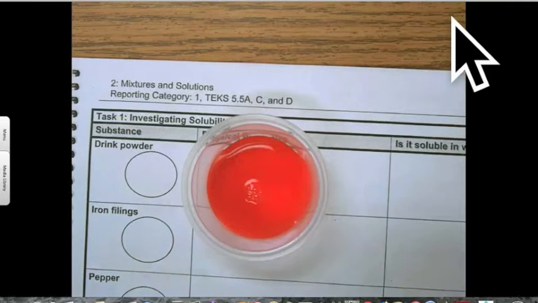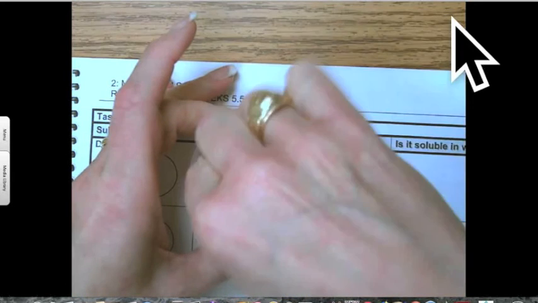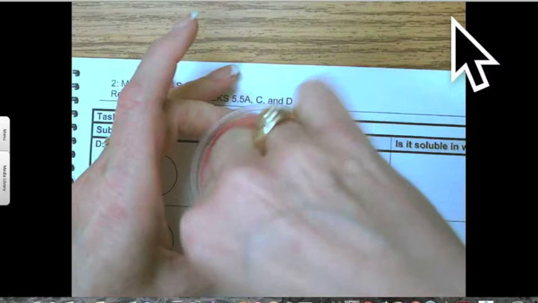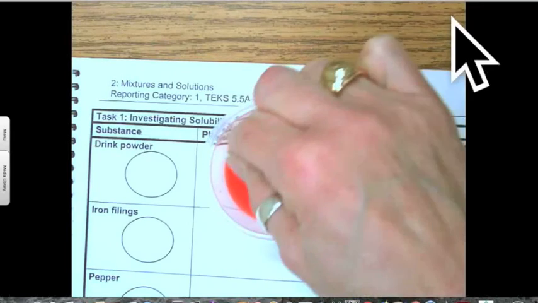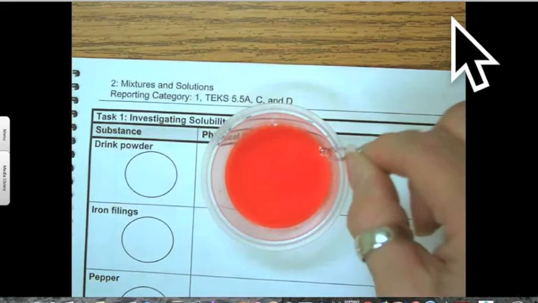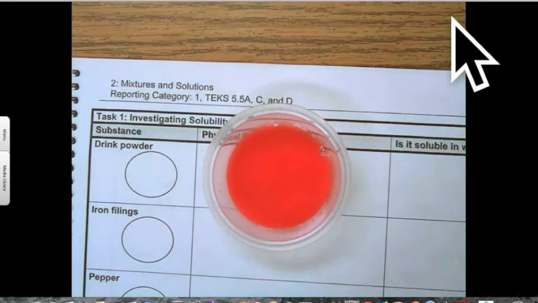I'm going to try to stir it a little bit until it all dissolves. So you can see that the Kool-Aid went from a solid to a liquid. So is the Kool-Aid soluble? I would say yes.